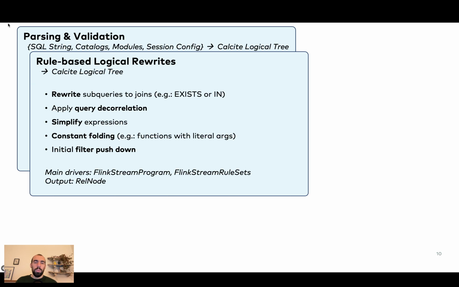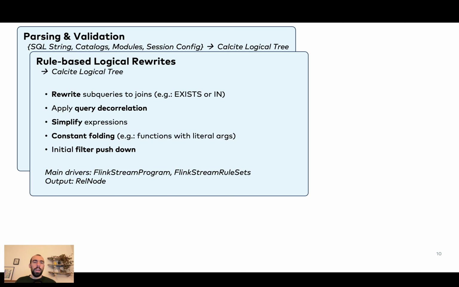So what does Flink do in this phase? For example, it rewrites subqueries to joins. For example, EXISTS or IN can also be expressed using joins and aggregations. This will be done in this stage. This simplifies the later processing.